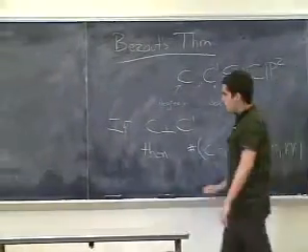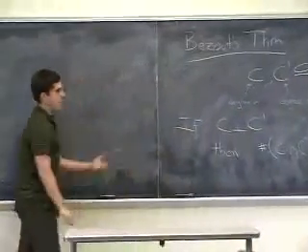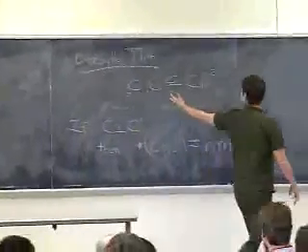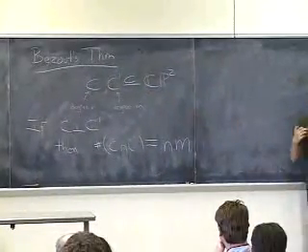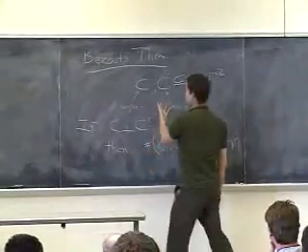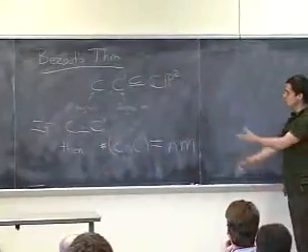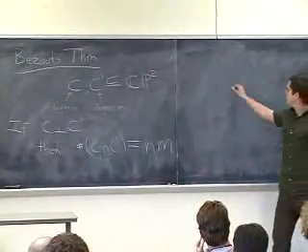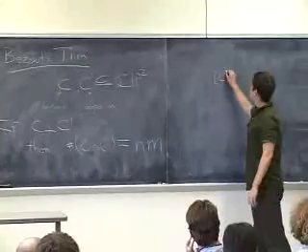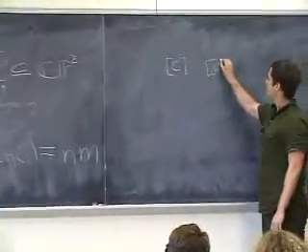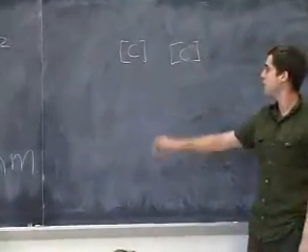So let me just reformulate this statement a little bit using the language of cohomology. C and C prime are smooth curves in the plane. In particular, they are smooth manifolds, and they have fundamental classes, which you can identify with elements in the cohomology ring of CP2. So I'm going to let C in brackets denote the fundamental class of C, and C prime in brackets denote the fundamental class of C prime.